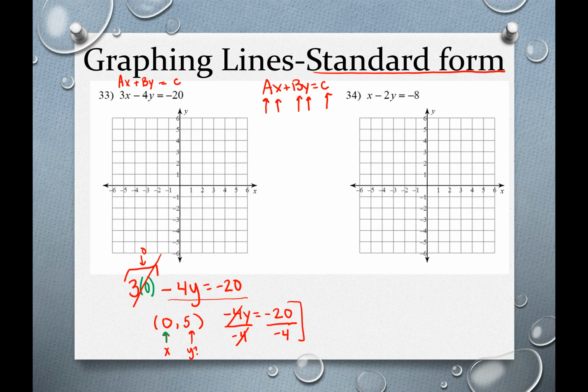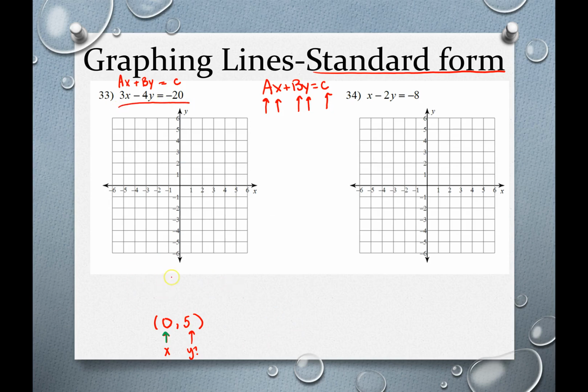I need one more point to graph a line though. So to do that, I'm going to redraw this. Remember, this is just coming from straight up here. This is 3x minus 4y equals -20. So now the next thing I'm going to do is put a 0 in for the y. And now I'm looking for what the x is.